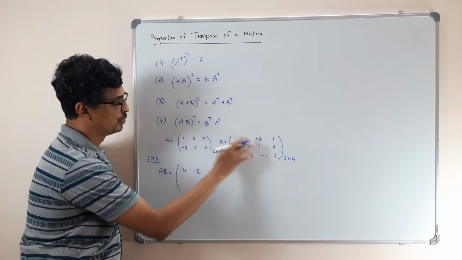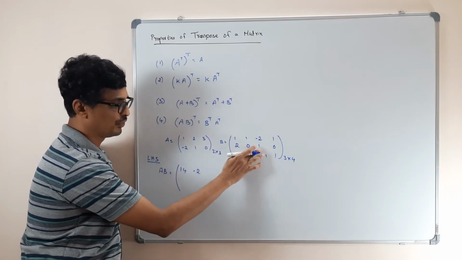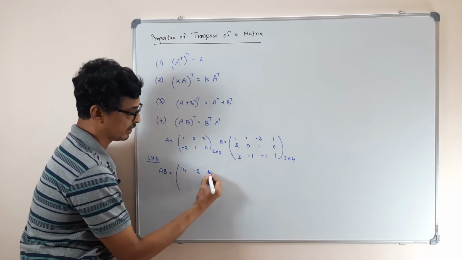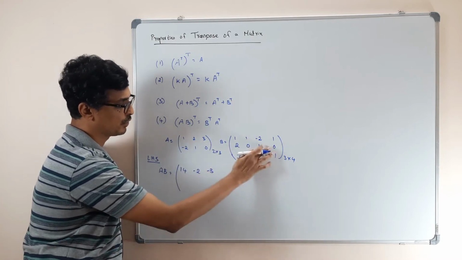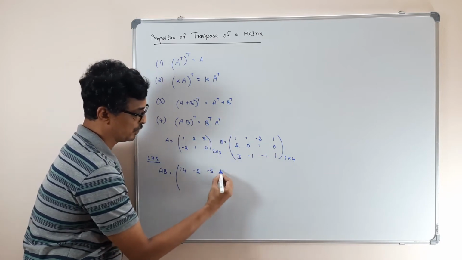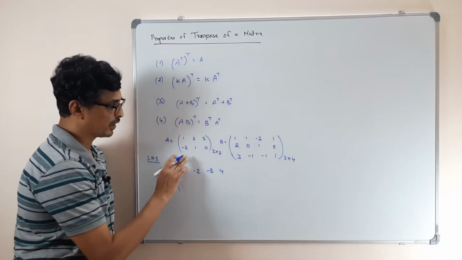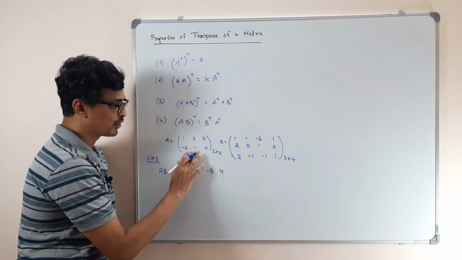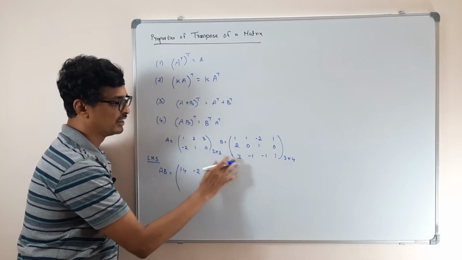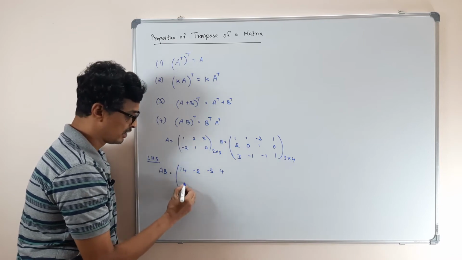Then minus 2 plus 2, 0, minus 3. Then this is 1 plus 0 plus 3, 4. Correct? So next one is minus 2 plus 2 into 1, minus 2 plus 2, 0, and this also 0.